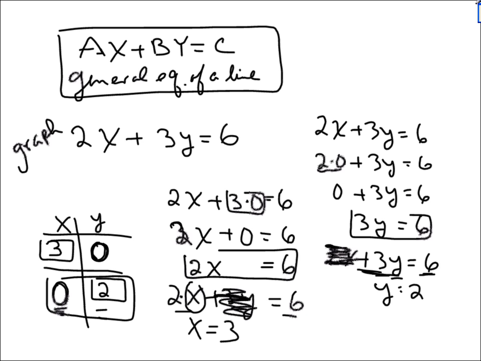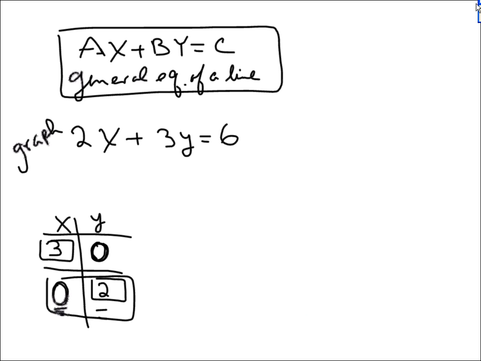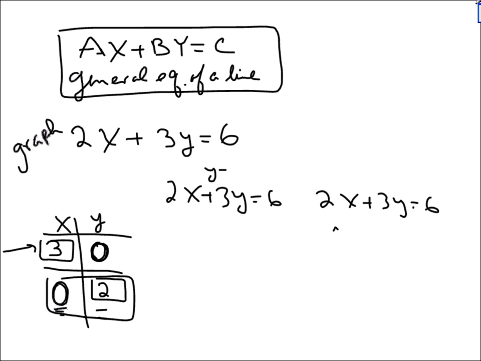So again, let us do this one more time. Let me show you how easy it is. 2x plus 3y is equal to 6. In the first case, we're letting y equal 0.